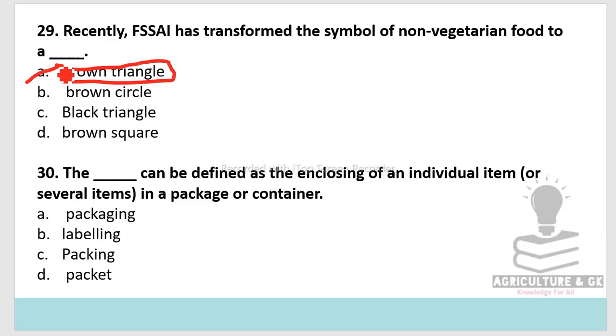Now moving next, the blank can be defined as the enclosing of an individual item or several items in a package or container. Packaging, labeling, packing, or packet.